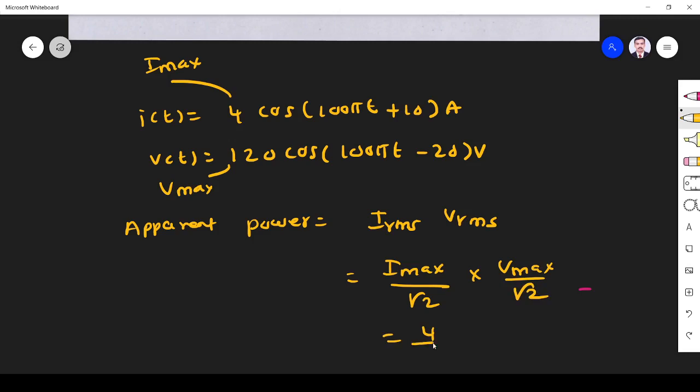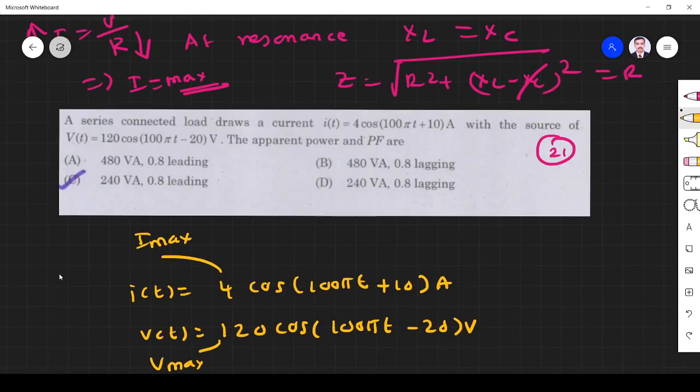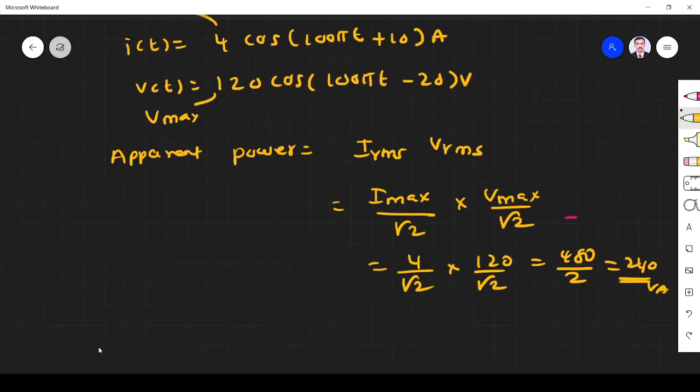I max is 4 by root 2, and V max is 120 by root 2. 480 by 2 is 240. So 240 volt ampere is the answer, which means this option is wrong.